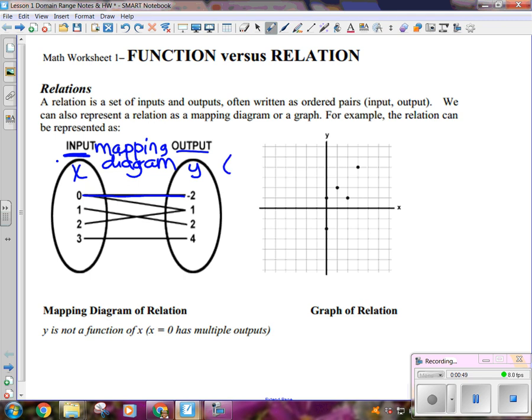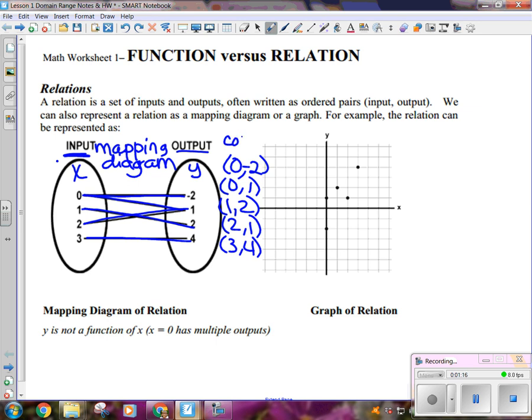If I represented those as points, it would be 0, comma, -2. 0 is also connected to 1. 1 is connected to 2. 2 is connected to 1, and 3 is connected to 4. So I have 5 points. This is the relation of a mapping diagram.